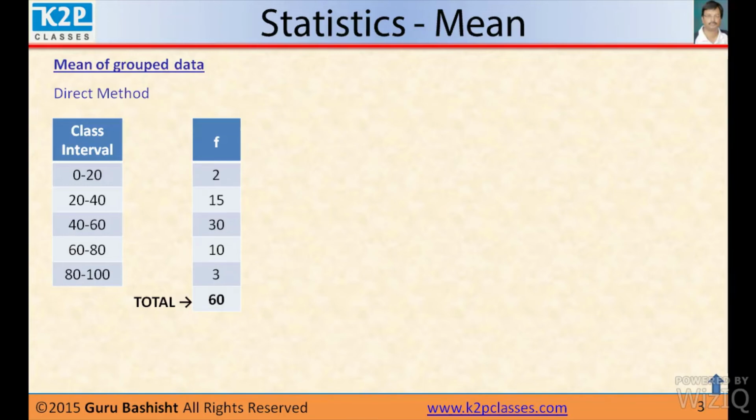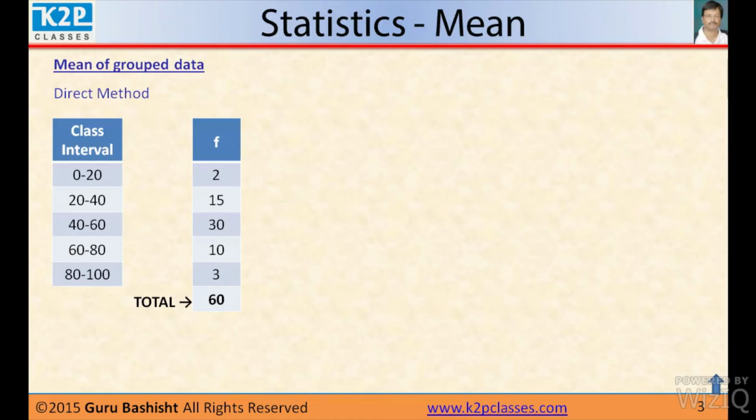But suppose the number of students is 1,000 or 2,000 or 10,000, then it will be very, very difficult to add or deal with the marks of all the students. Then we have derived a method which is called group data.